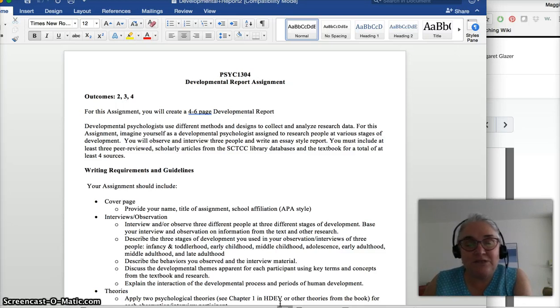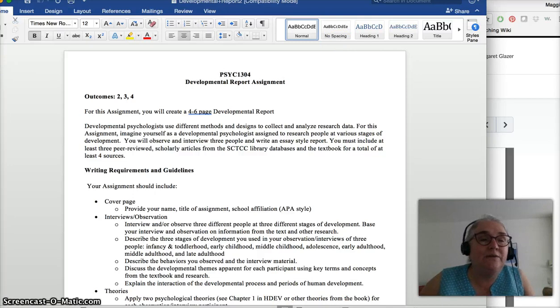Whenever you use the words and ideas of another, use an in-text citation. And also you want to have references at the end. And a cover page. You don't need an abstract. You don't need an author note or any of those. Those are all more advanced. You'll use those in upper division classes, but here you don't have to. I just want to make sure you're using in-text cites and your paper looks like a professional academic type paper.